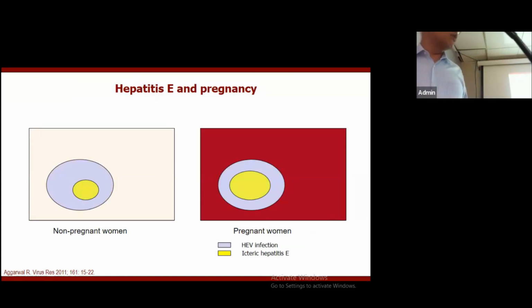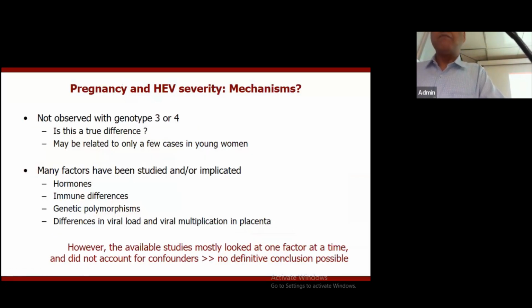But among those who have infection, disease, shown here with a yellow circle, is much more common among pregnant women than among non-pregnant women and men. Among them, those who develop acute liver failure is also much more common among pregnant women, and because about 2/3 of them die, deaths are much more common among pregnant women with hepatitis E than among non-pregnant people.